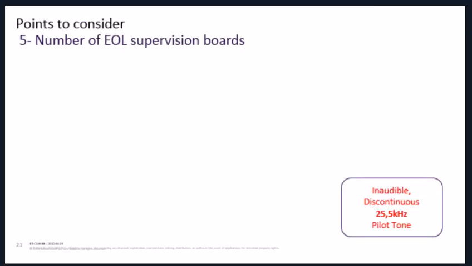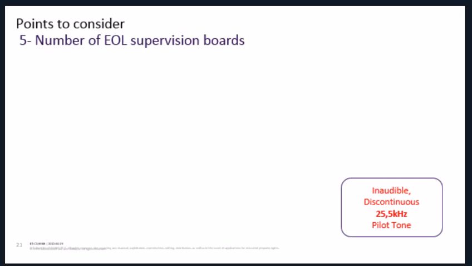Not to forget the end-of-line boards. Supervision is critical, important, and for EN54 applications is mandatory. One of the favorite questions when it comes to supervision, coming from your side to us all the time, was about the pilot tone. In PRAESENSA, it's different than the rest of the market.